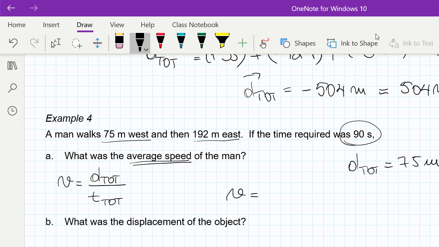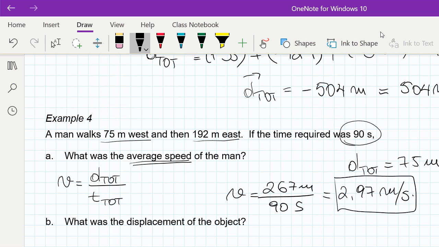So now the average speed will be 267 meters over 90 seconds, which is 2.97 meters per second. Is that right? You can go 3.0, it's fine as well. Okay, so as you see here, there is no need for directions or anything like that.